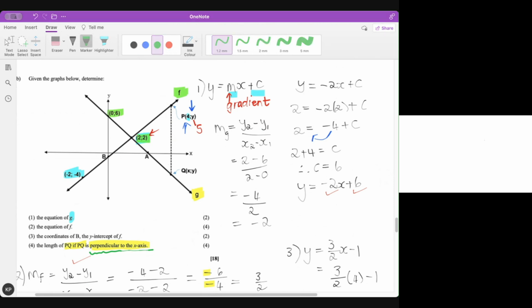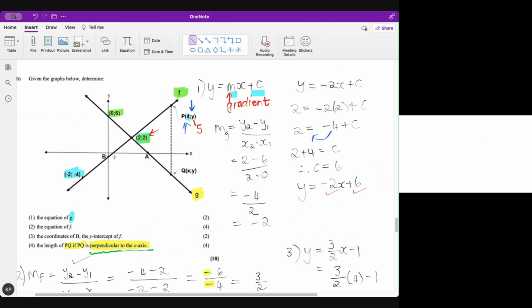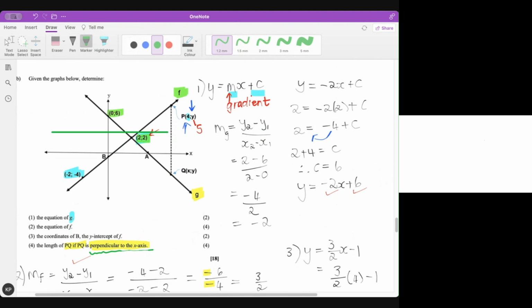Thumbs up, thumbs down. Any point along that line, your y coordinate will be, no, your x coordinate. Oh, I see why it's 4. It's the x coordinates that will be the same. I swapped them around. Do you see, guys? For the y coordinate to be the same, it has to be a horizontal graph like the green one I just drew in.